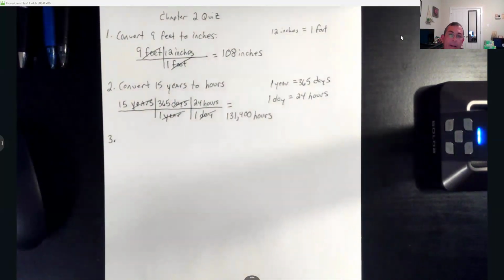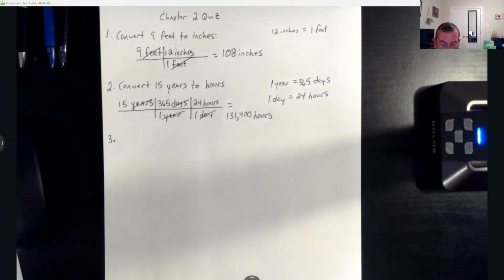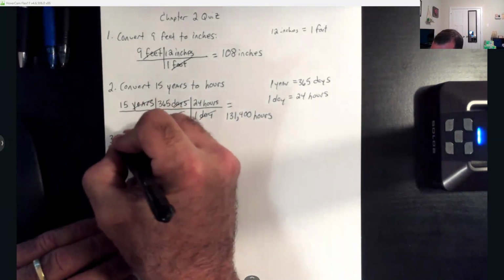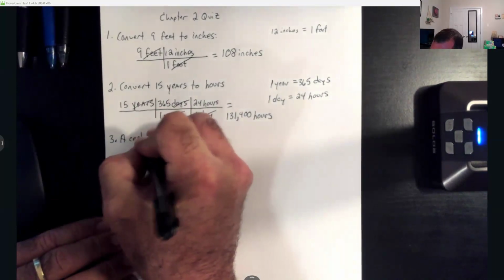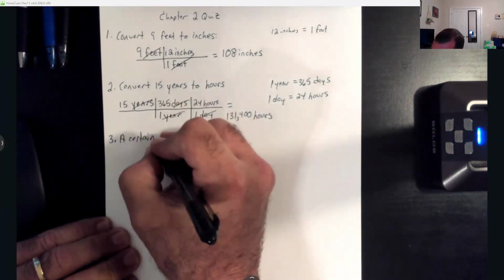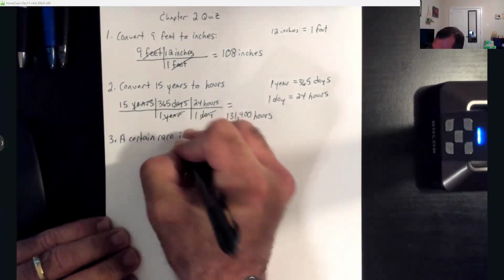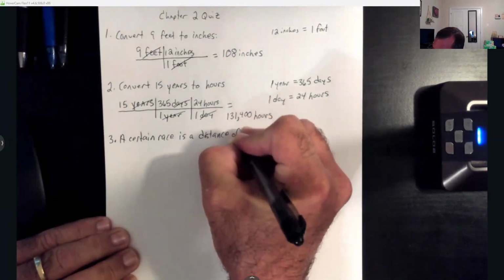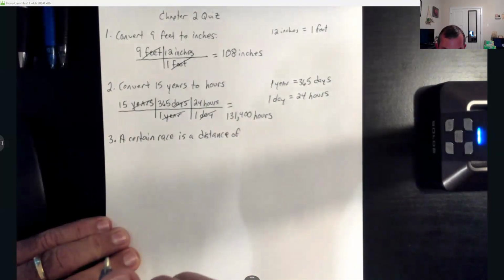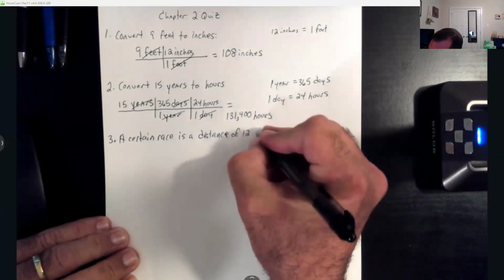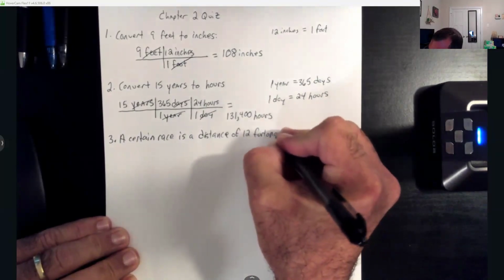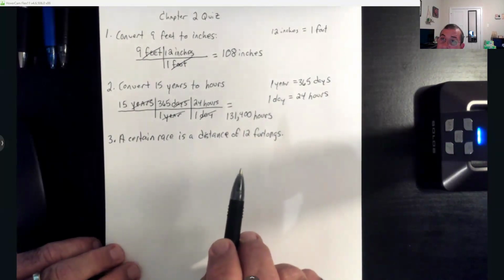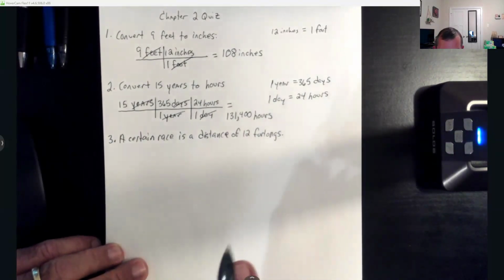So number 3, a certain race is a distance of 12 furlongs. So furlongs is something you'll hear in horse racing, okay?